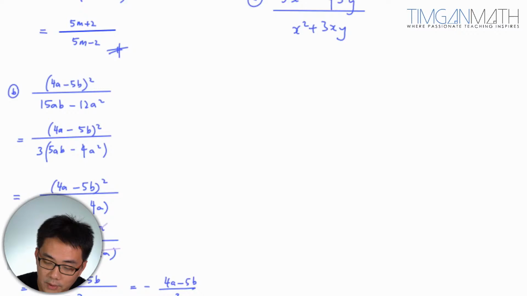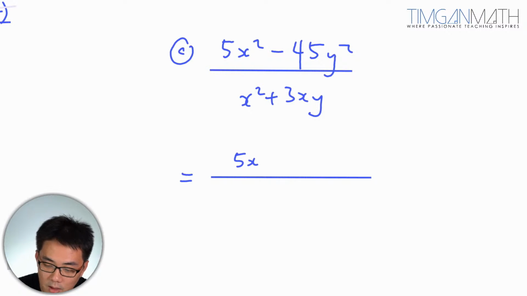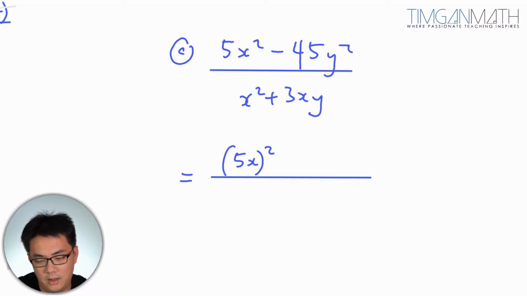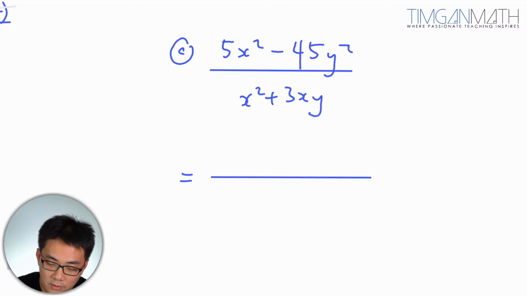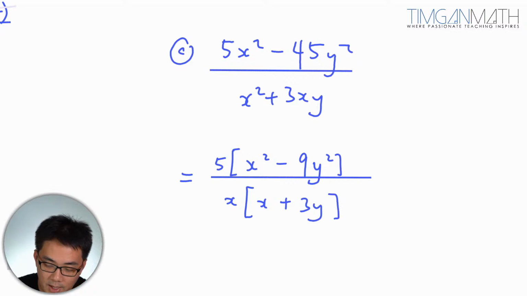Okay, so what we're going to do here is just factorize this properly. So this part here will be 5x squared. Oh no, sorry, factorize the 5 out. So bring out the 5. So this is x squared minus 9y squared, and I'm going to factorize the x out, so it is x times x plus 3y. Okay, just bring out one x.